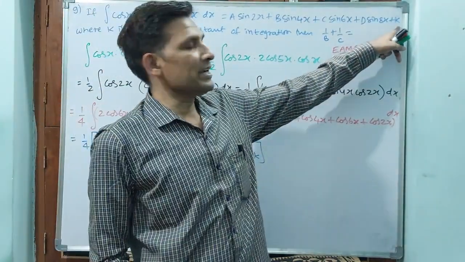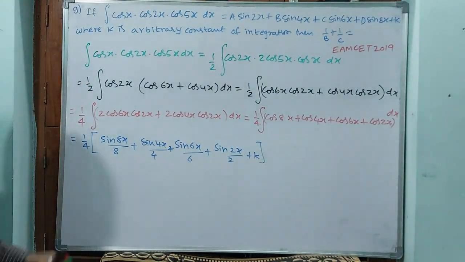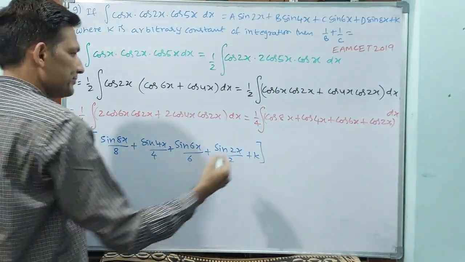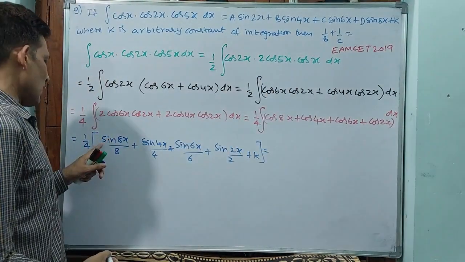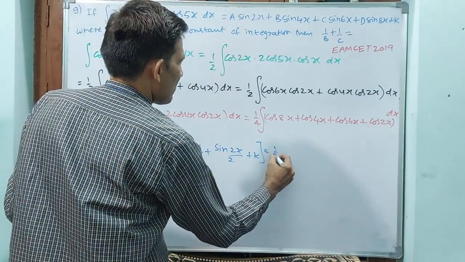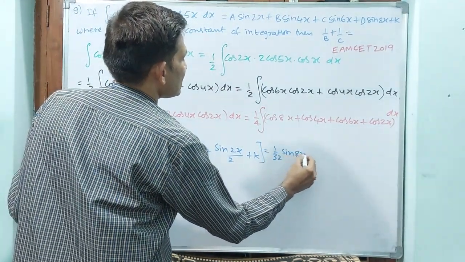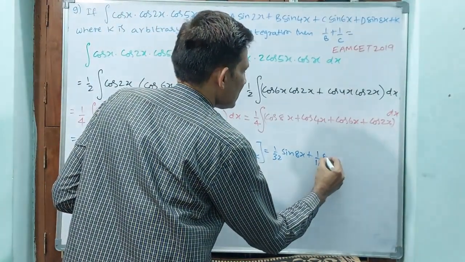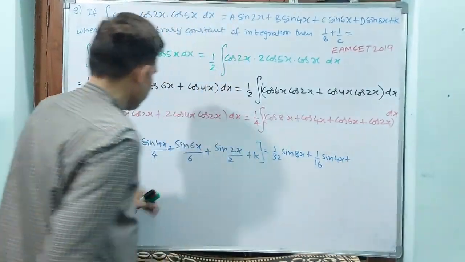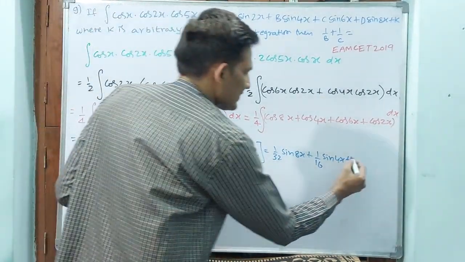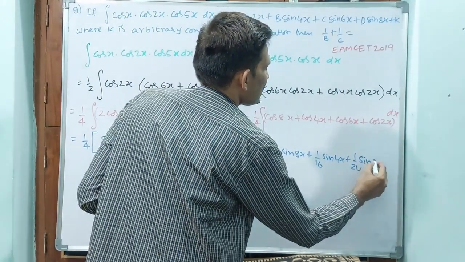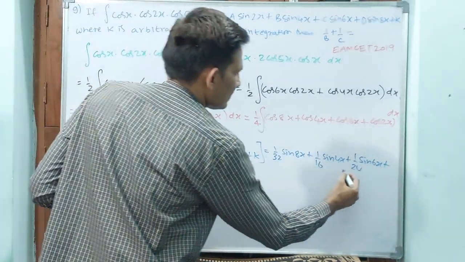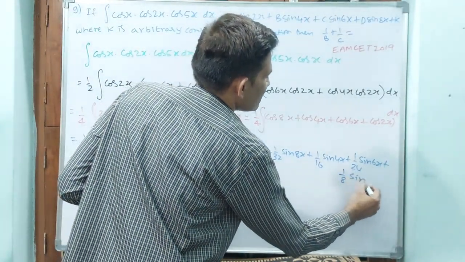Why have you used k? K is here, that is why we have used it. Okay, now you set 1 by 4 also inside. Why? Because see, this shape we want to bring: 1 by 32 sin 8x plus 1 by 16 sin 4x plus 1 by 24 sin 6x plus 1 by 8 sin 2x.